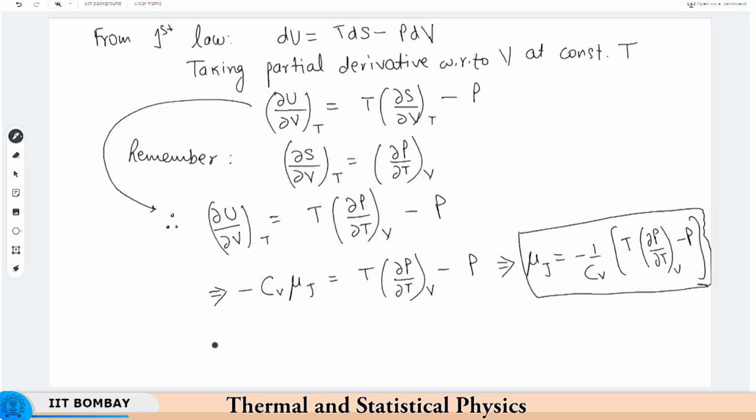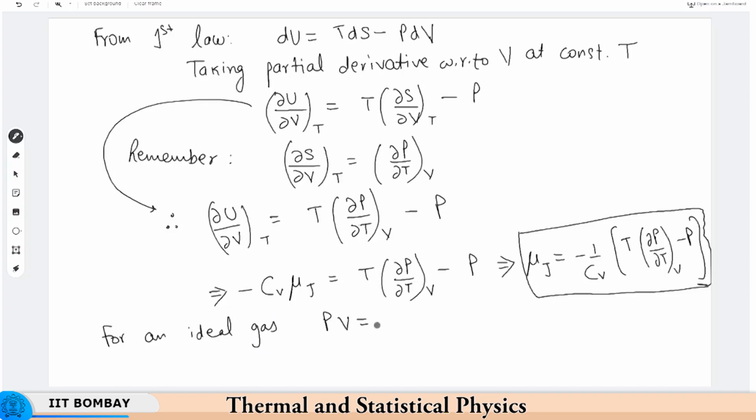This is an important result, but let us check. We already know that mu J should be 0 for an ideal gas, so let us see if this expression gives us that. For simplicity, let us just use 1 mole of gas.